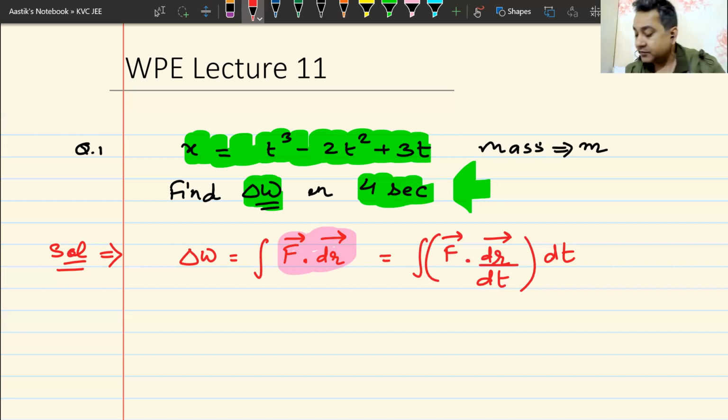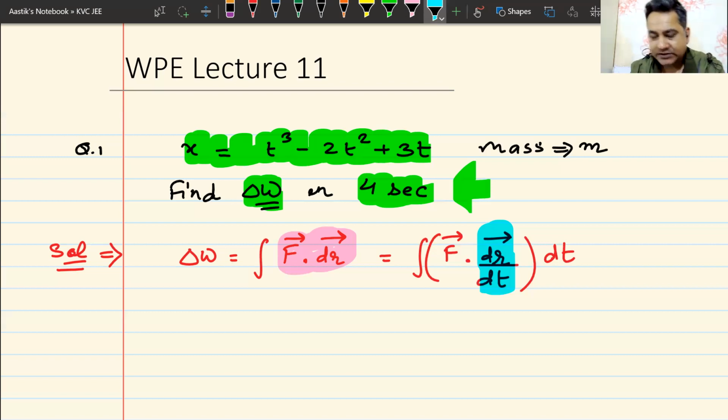F dot dr by dt multiplied by dt. Now I have created dr by dt. What is dr by dt? Dr is displacement, dt is time.